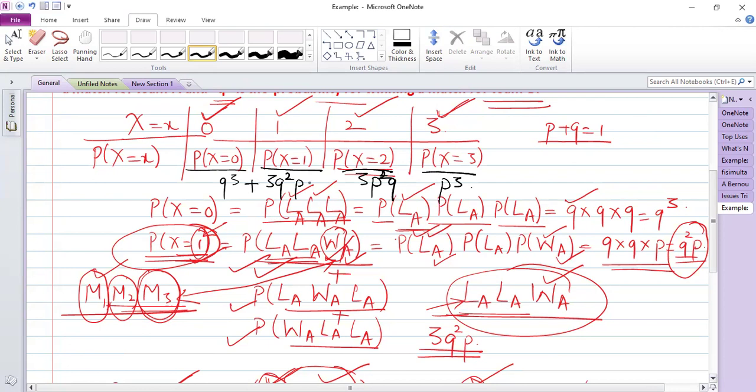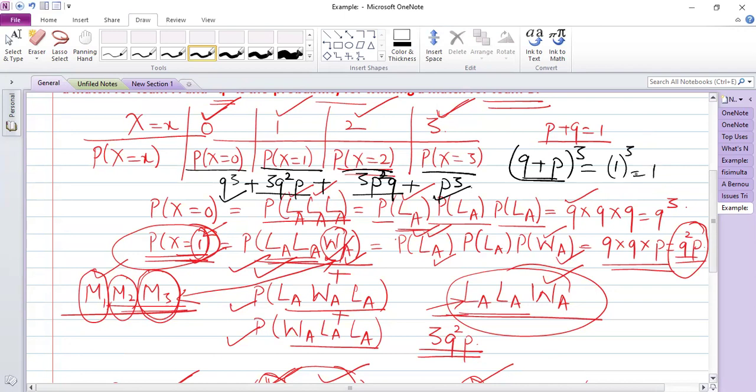Now if you add all these, what will you get? Nothing but q plus p whole cube, that is, a cube plus b cube plus 3a square b plus 3ab square. And what is this? It is nothing but 1, because p plus q is 1, so 1 cube is 1.